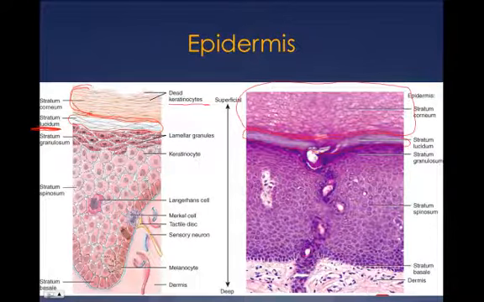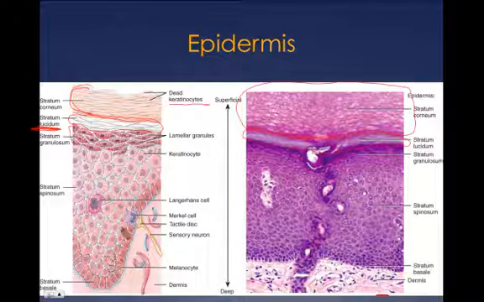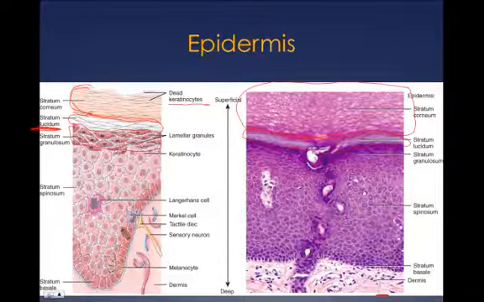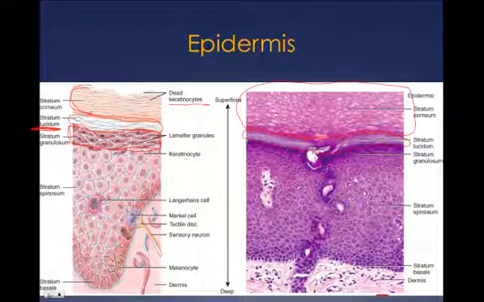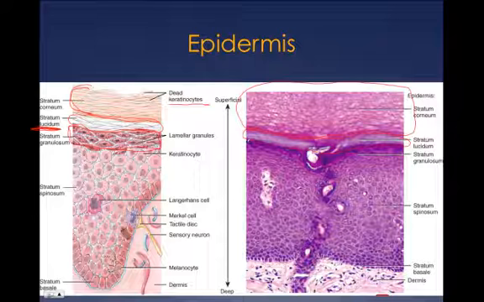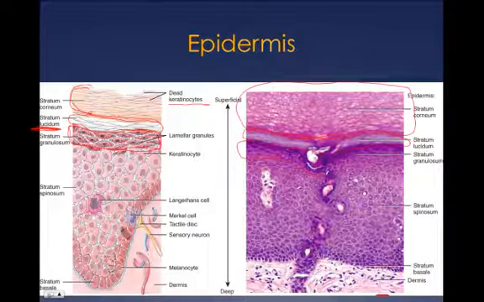The layer below that, okay, is what we call the stratum granulosum, okay? And if you look at this layer, the stratum granulosum is going to be this really granular layer. And here you can even see, it's a little bit harder to see on this slide, but your stratum granulosum is pretty much going to be this layer, okay, right here of these really granular dark purple cells, okay?